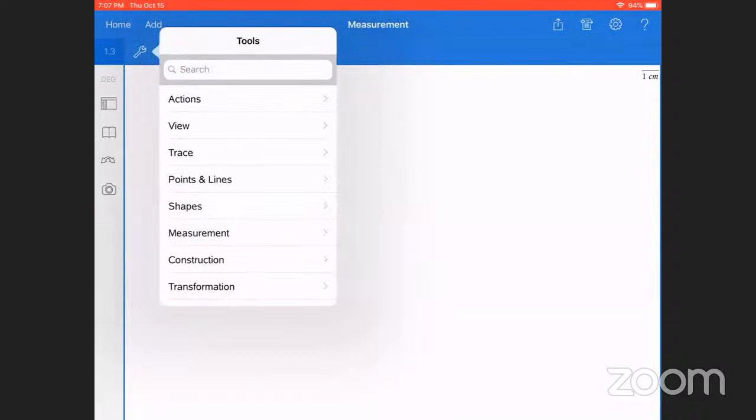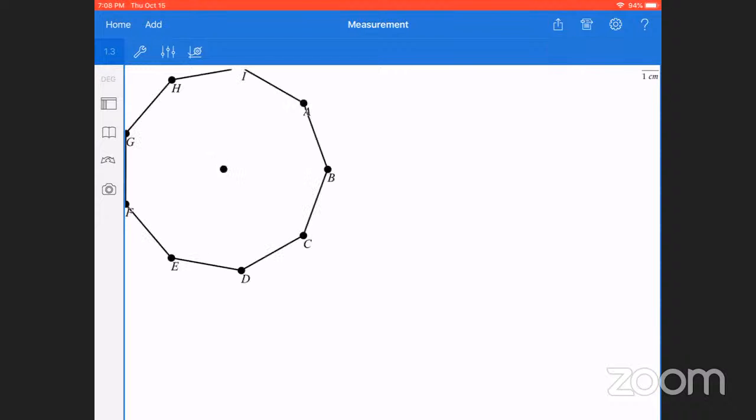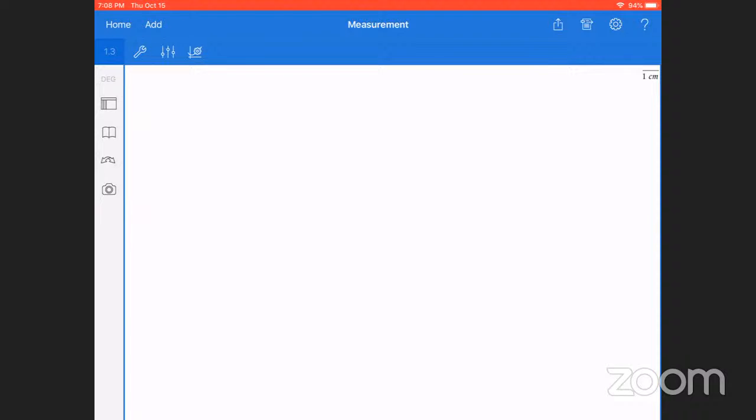So if you go to the tools and you go to shapes, this time we're going to choose regular polygon. And if I want to make a triangle, I'm going to tap once to make a point, tap twice to make another point, and then tap a third time, but instead of just a tap, I'm going to do a tap and hold. Let's try that one more time.